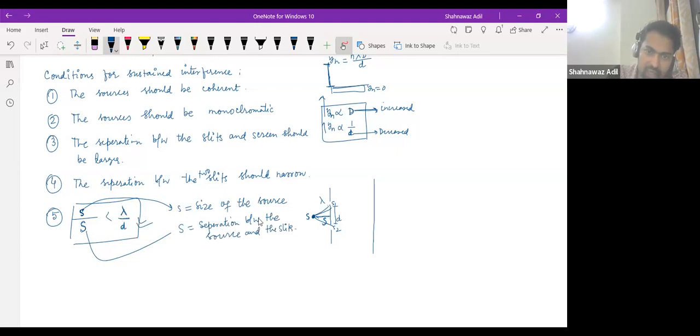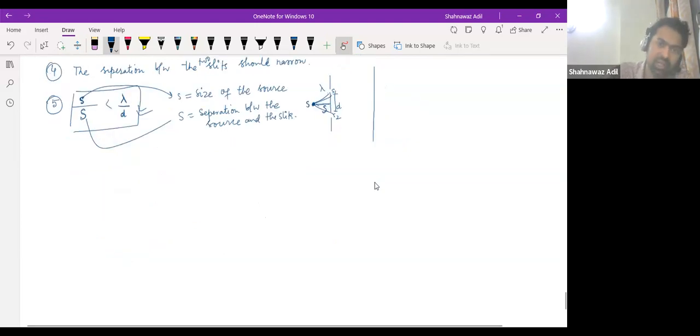And lambda, you know, is the wavelength of the light coming from this source, and d is the separation between the slits. So these are the important parameters. Now I will just write this, and then we move on to the diffraction part.